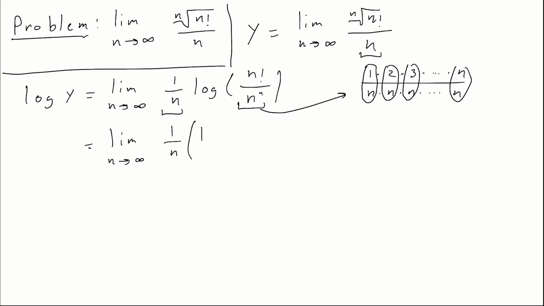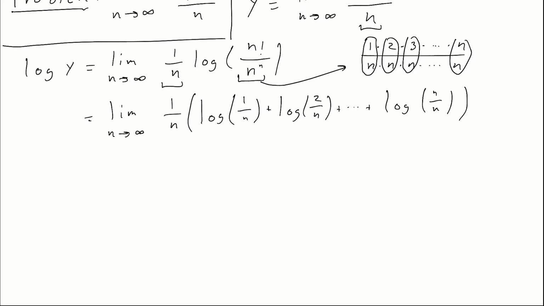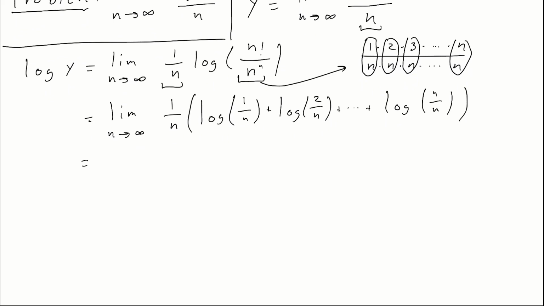We can write this as log of 1 over n plus log of 2 over n plus so on, log of n over n. But what is this? Well, let's write this as a sum, and let's bring the 1 over n inside.